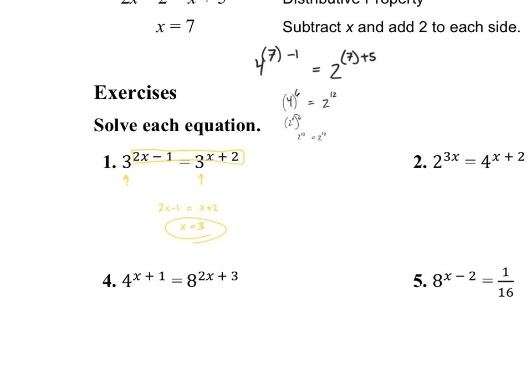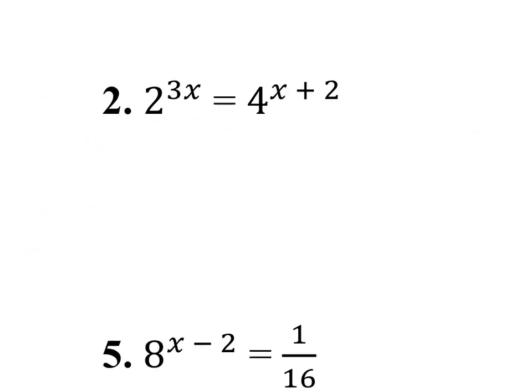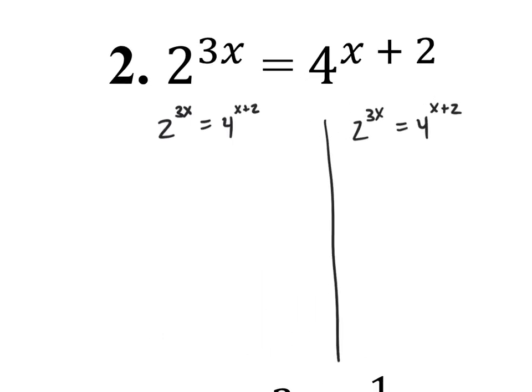There'll also be various problems where your bases are not equal. I'm actually going to do this problem 2 different ways to show you that whichever way makes more sense to you, you would be welcome to do that. So I'm going to write the same thing twice. Method 1 is going to be to take the larger number and express it as the same base as the other side.